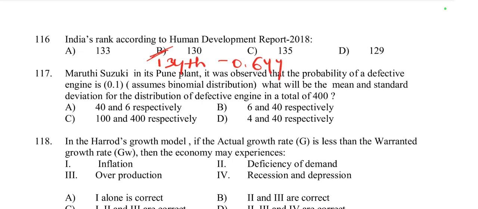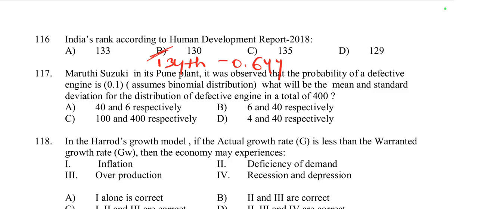So this ranking reflects the country's performance in three sectors: health, education and income, which are the key dimensions of human development. So according to UNDP 2023-24, India's HDI rank is 134 out of 193 countries.